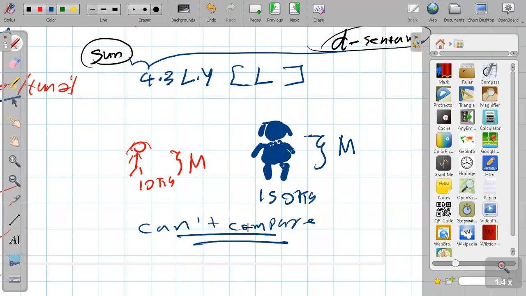Can you understand? You can never compare using the dimension.